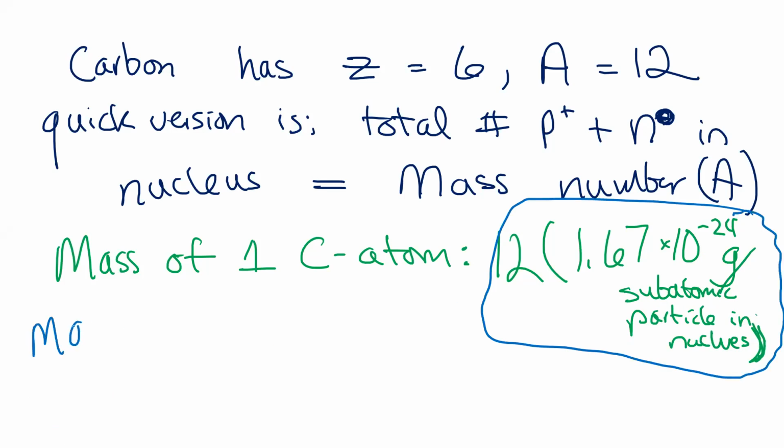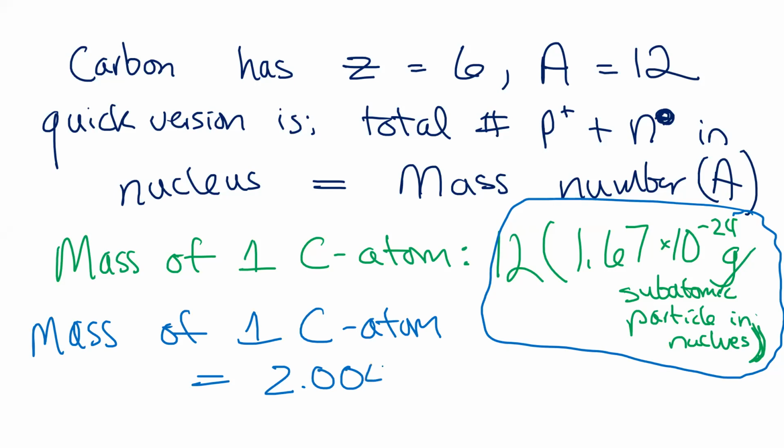Therefore, the mass of one carbon atom becomes 12 times 1.67 times 10 to the minus 24, which is 2.004 times 10 to the minus 23 grams per carbon atom. Good so far?